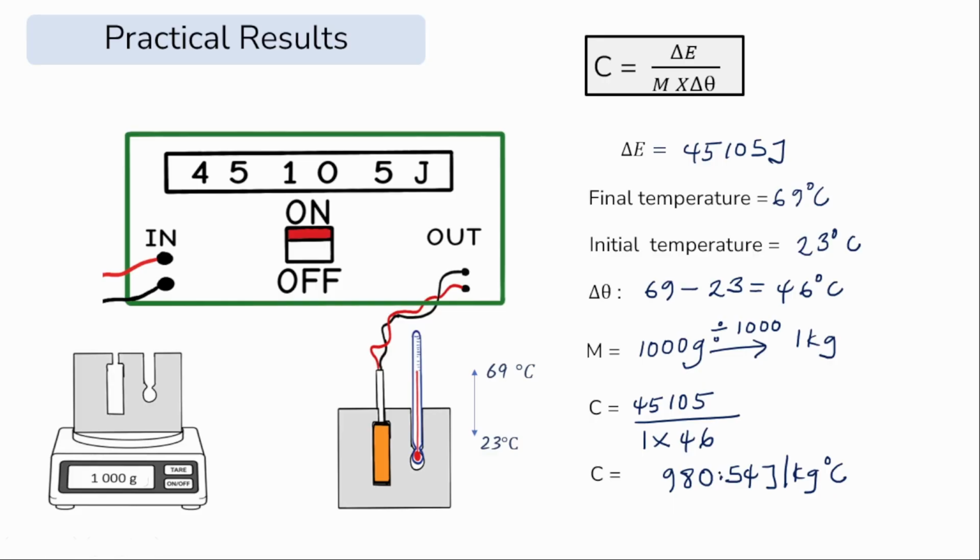The accepted value for aluminium is 900 joules per kilogram per degree Celsius. Our result is higher because of heat loss to the surrounding rather than heating the block. To reduce this, we use an insulator.